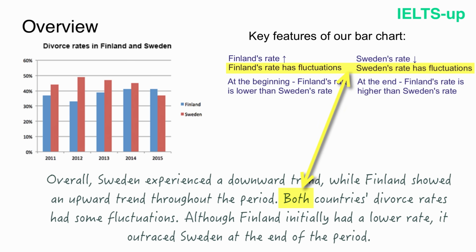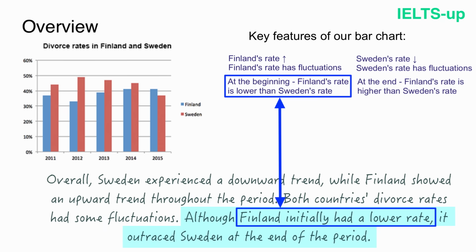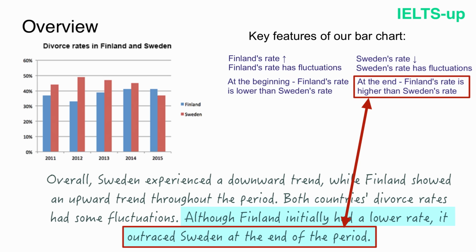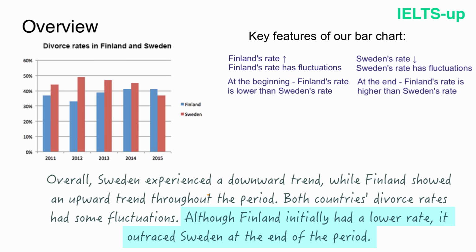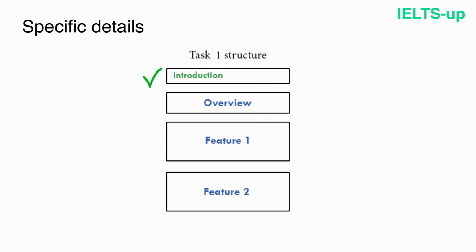In our case, both countries had some fluctuations. And finally, I compare rates of Finland and Sweden throughout the period. Since initially Finland's rate was lower than Sweden's rate, but then it changed, I used the linking word although. Although Finland initially had a lower rate, it outraced Sweden at the end of the period. And that's all with the general overview paragraph.